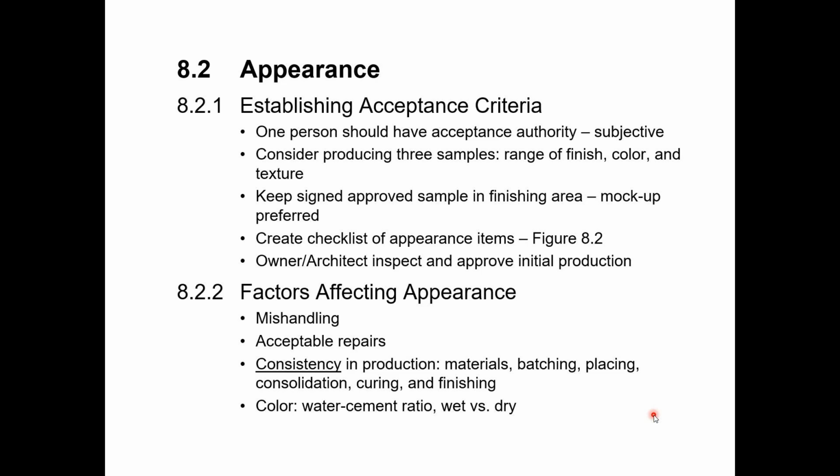So all of those things, we have to be consistent day to day so that we get a consistent outcome. Any of those can have an effect on how light or dark the concrete ends up curing out to. Slight changes in materials can obviously have an effect on that, but also curing time.